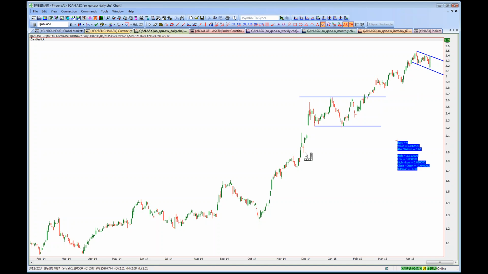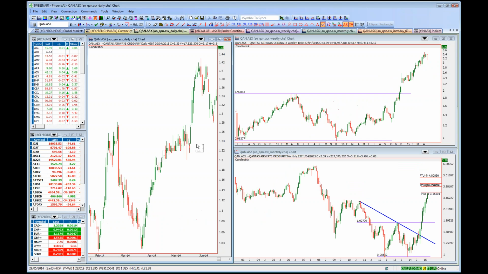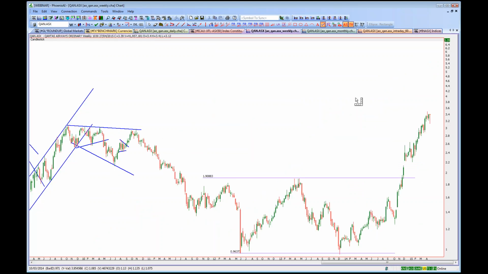15 bars. For any flag, you need a maximum of 13 bars, so we've got way too many for any big size flag. How would that look on a weekly again? Let's have a look on the weekly. Oops.